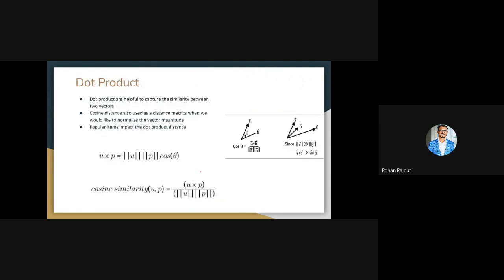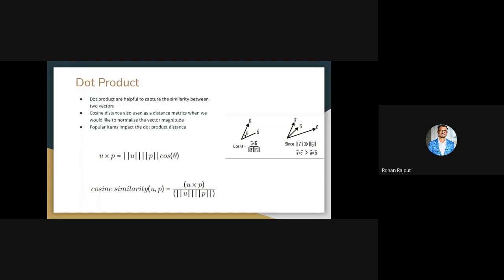Now, once we create the original matrix, we can use various distance functions because we are now dealing with a higher dimensional embedding space. In the higher dimensional embedding space, what we really need is some kind of similarity measure where we can check whether two items are similar or not.